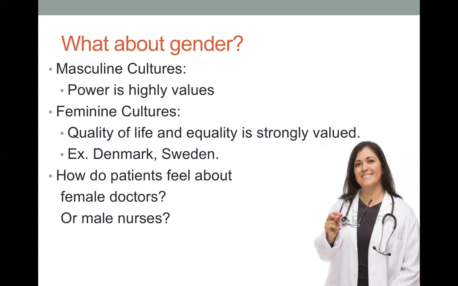Feminine cultures value quality of life and equality, and Denmark and Sweden are examples. And then also feminine versus masculine stereotypes with regards to health. As far as dietitians go, most dietitians are female. I don't know that there is an expectation for a dietitian to be female or male, but as it turns out, most are female.